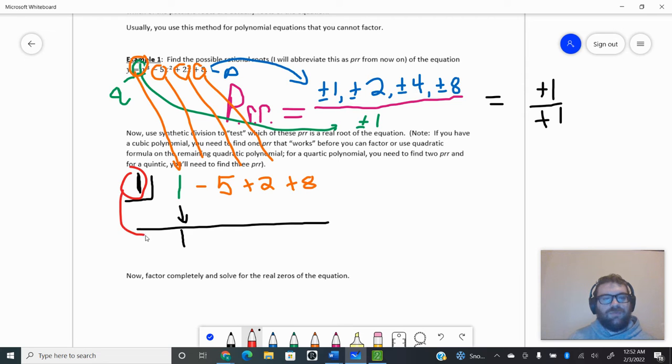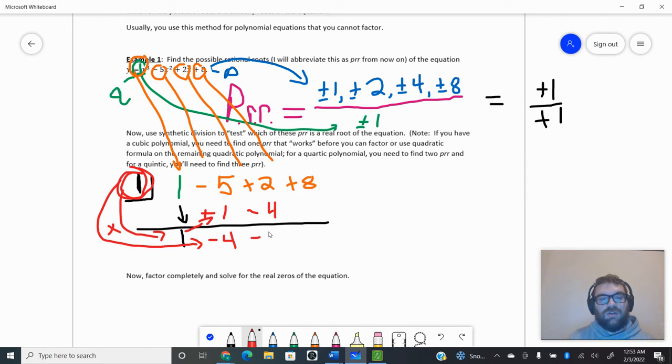So what's 1 times 1? So 1 times 1 is just 1. What's negative 5 plus 1? Negative 4. What's 1 times negative 4? Well, that's just negative 4. What's positive 2 minus 4?